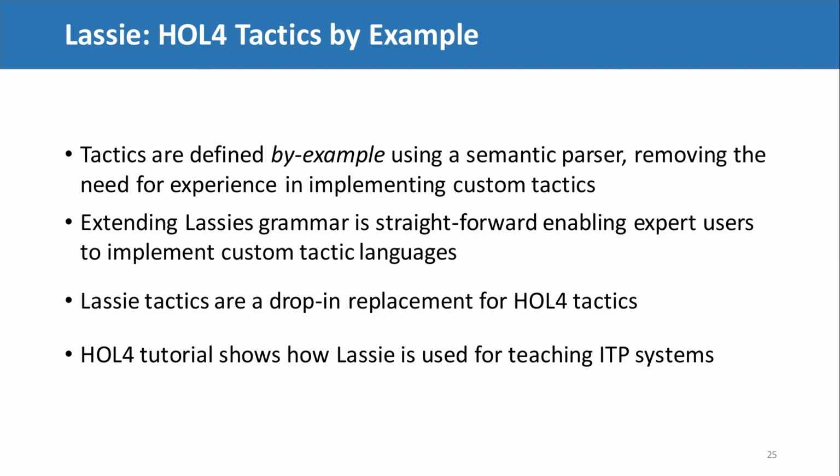We have also seen how Lassie's tactics can work as a drop-in replacement for HOL4 tactics, and in the case studies and the HOL4 tutorial, we have seen how Lassie can be used for teaching ITP systems and how it works in bigger proofs. The code for Lassie is available on GitHub.